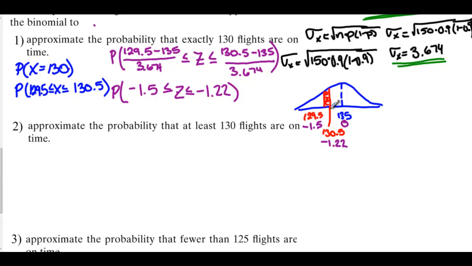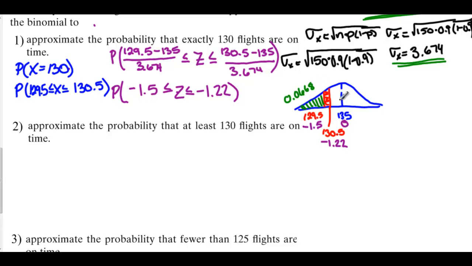0.0668, I'm getting an 8. Do we have to subtract the number? We're going to end up subtracting. Correct, yes. So negative 1.5, we get at this area here is 0.0668.